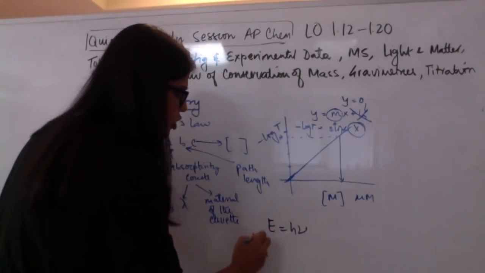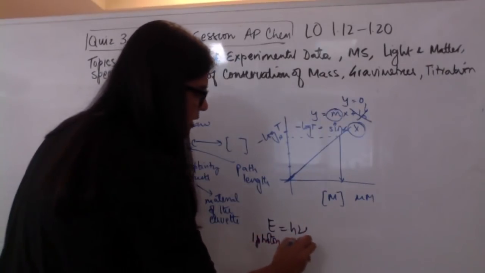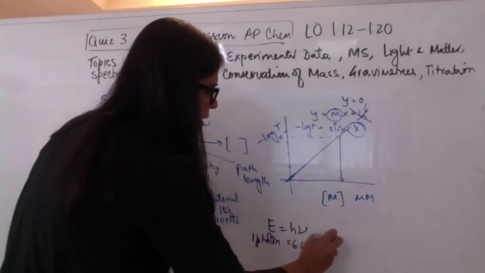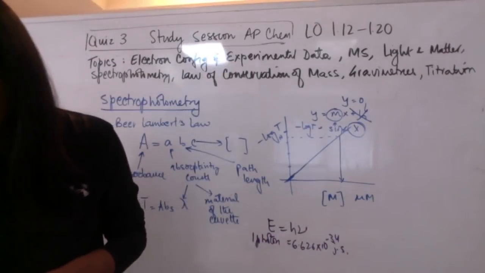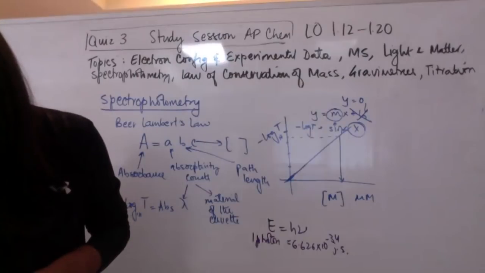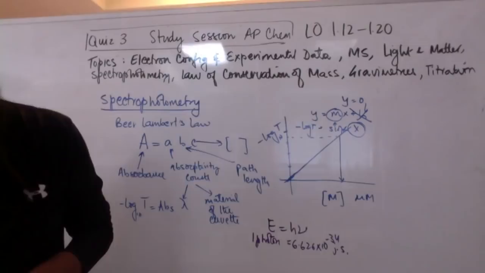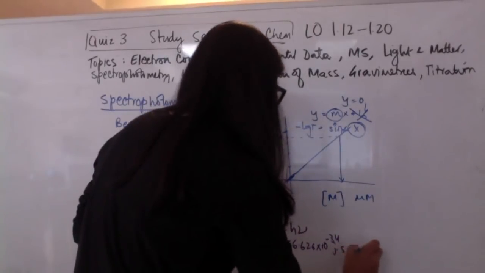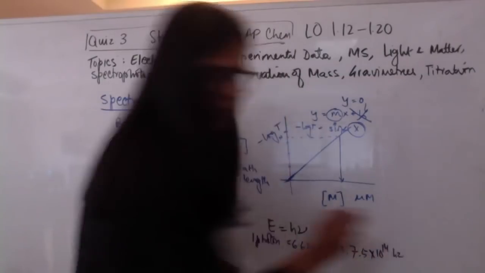This was the energy of 1 photon. And if we put h as 6.626 times 10 power negative 34, that is in joules second, and the frequency there was 7.5 times 10 power 14 hertz.